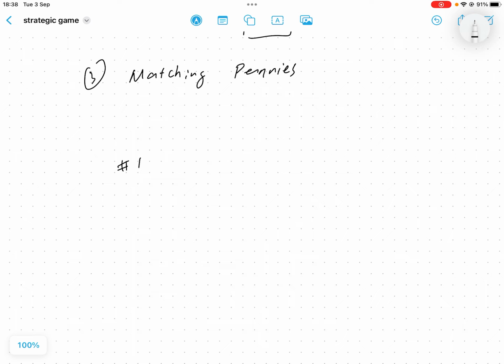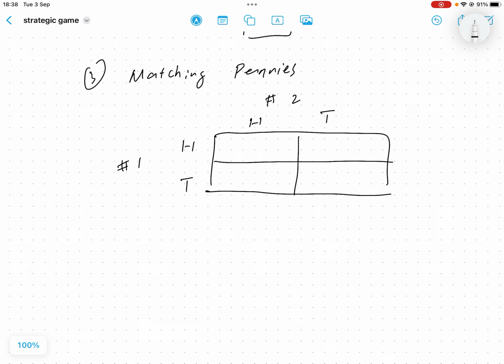Otherwise, if the two coins do not match, then player 1 gets -1 payoff, and player 2 gets 1. So that's essentially the matching pennies game. Let's say the first coin could be head or tail, and the second one could be head or tail. Namely, we have the payoffs such that if they match, 1 and -1. If they do not match, then we have -1 and 1 here, and -1, 1 here.